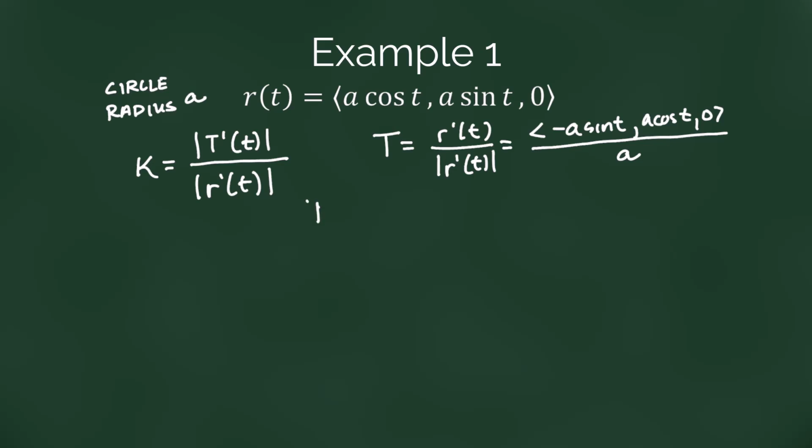So in other words, T is the vector negative sine t, cosine t, 0, when we divide everything by a.